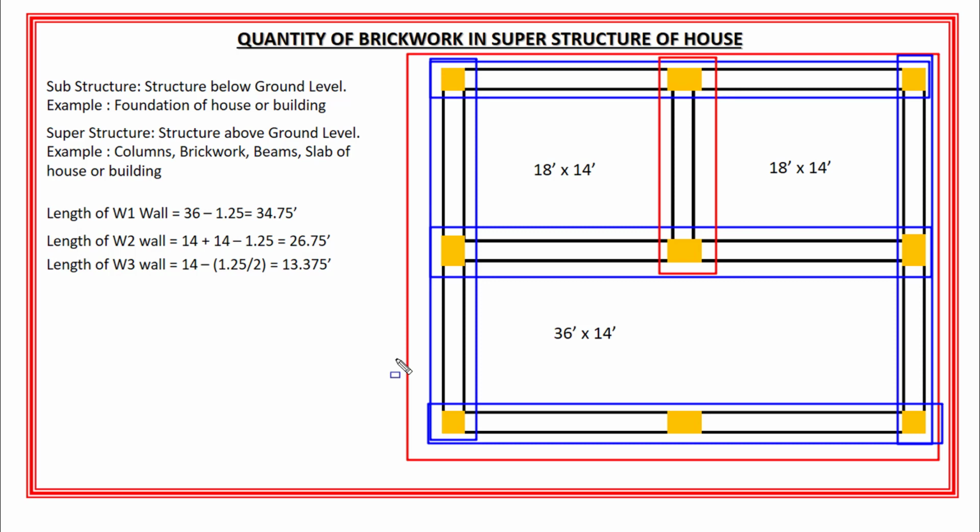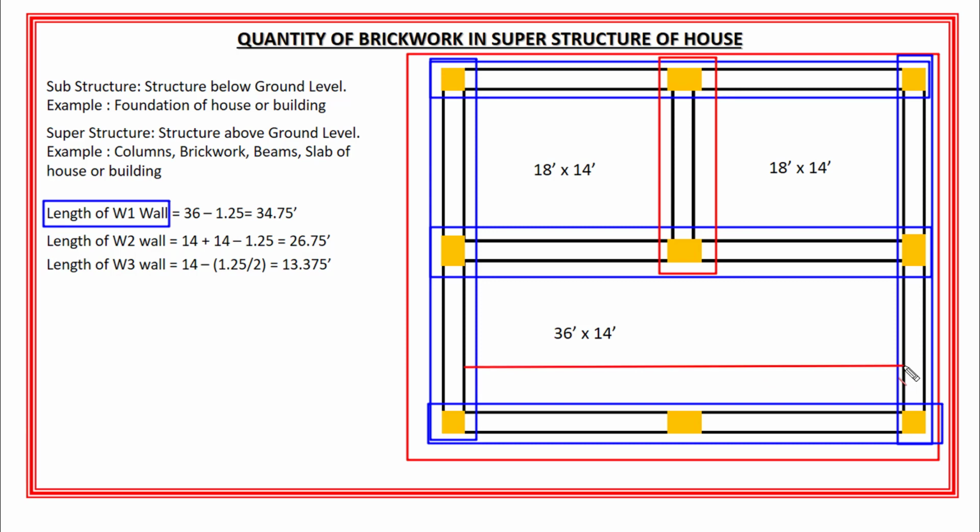Now let's talk about the length of these three types of walls, which are W1, W2 and W3. First let's start with the length of the W1 wall. If you look closely at the plan of the house, you will clearly see that the length of the living room is 36 feet.